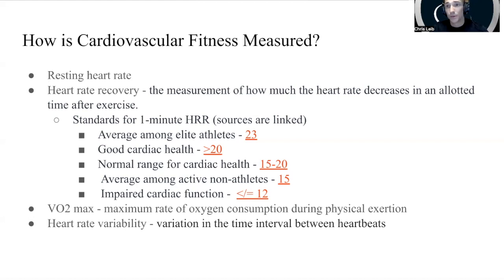Another marker that we could look at is VO2 max, which is the maximum rate of oxygen consumption during physical exertion. So this is usually tested in a lab, but you can do some estimates to look at it. There's a few that you can just Google, how do you estimate your VO2 max? But I would just say this is one of those things that you might look at periodically by going to a lab and getting it tested.